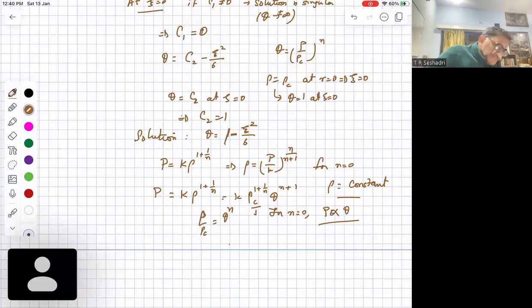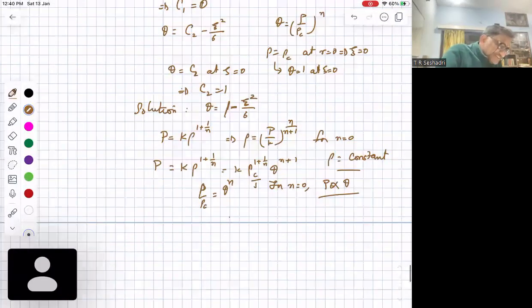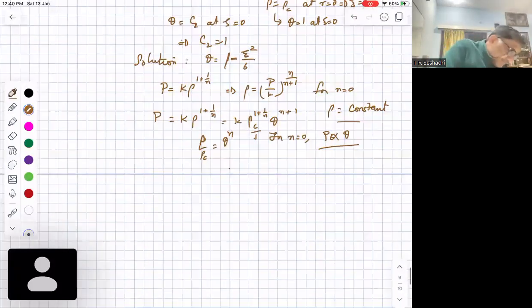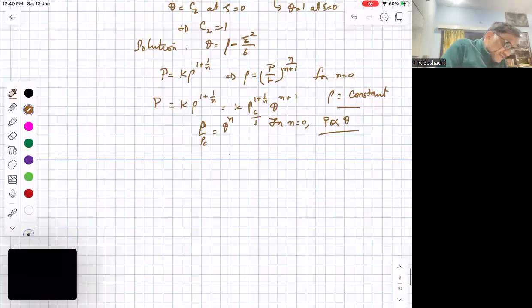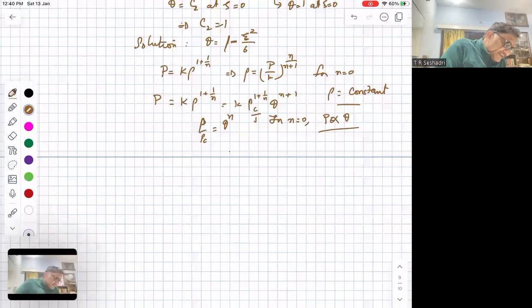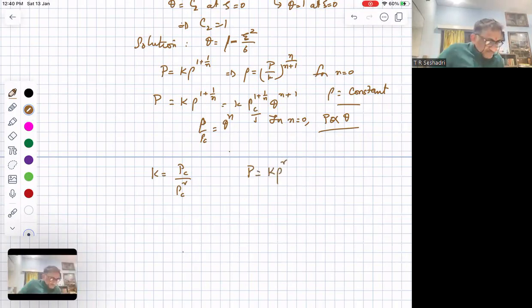Now the answer to this is the following. The devil is in K. Remember, what is K? K is equal to PC by rho C to the power gamma, because P is equal to K rho power gamma, which means equal to PC by rho C to the power 1 plus 1 by n.